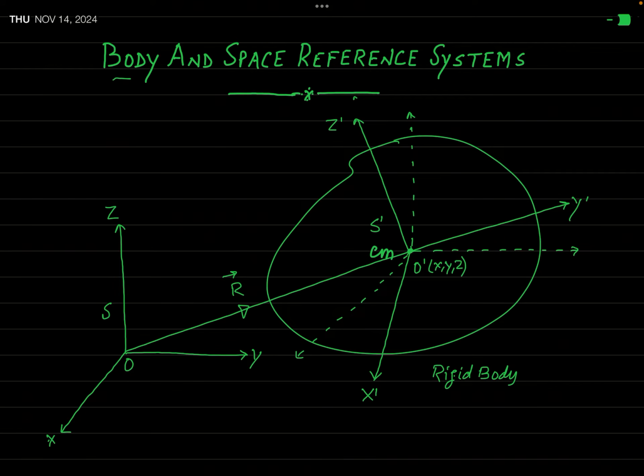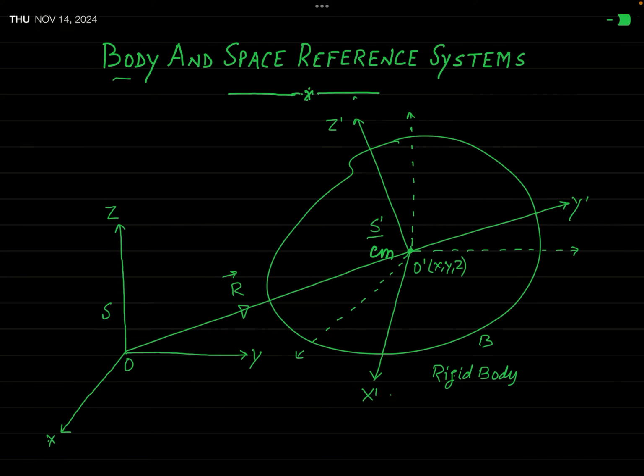As you can see in this figure, I have considered that this B is a rigid body, and a reference system marked by S prime has been shown here, whose coordinate axes are O'X', O'Y', and O'Z'.